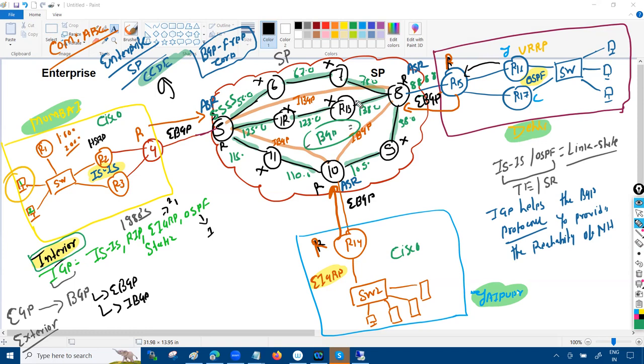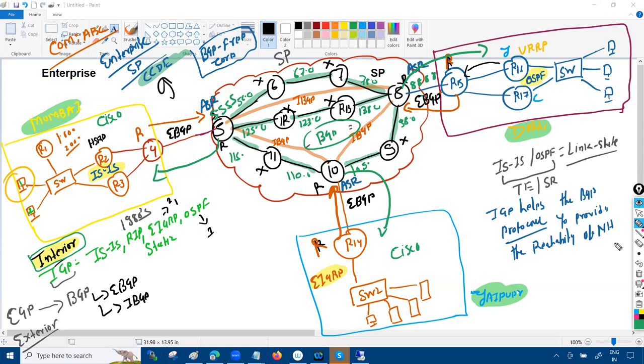Technically you can run it, but it is not recommended. If I advertise these routes into BGP, R8 is going to send all this service provider information to the customer network. Same thing, R5 is going to send all the service provider core network information to the customer, and you will lose security.